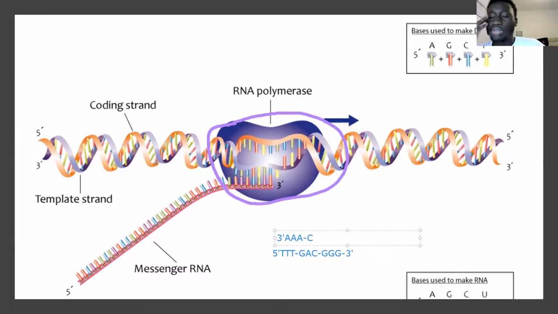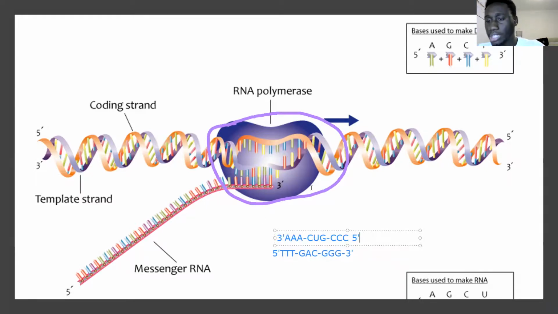Then A, we are talking about RNA. So in this part, it wouldn't be T, right? It will be U. So CUG, right? Then CCC, then the 5 prime, right? So that's what happens in the elongation part, right?